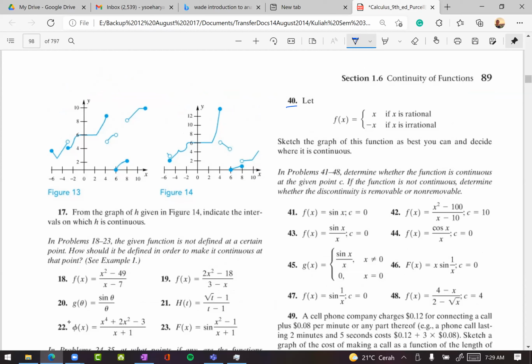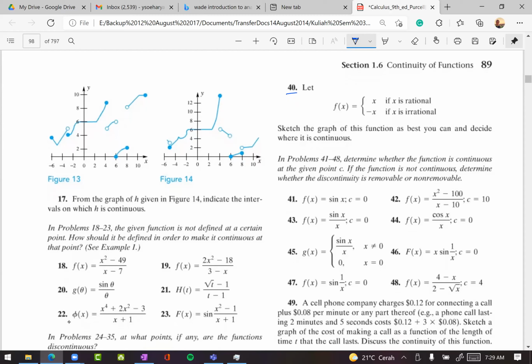So how do you picture this one? The question is to sketch the graph and decide where it is continuous.